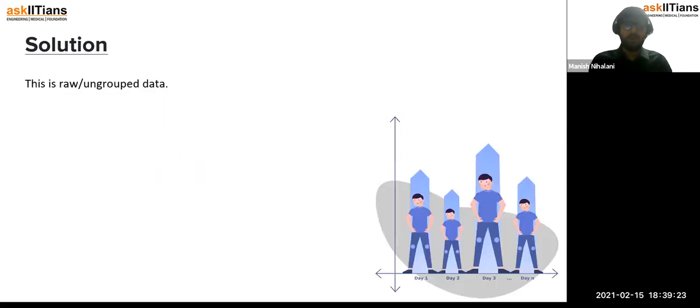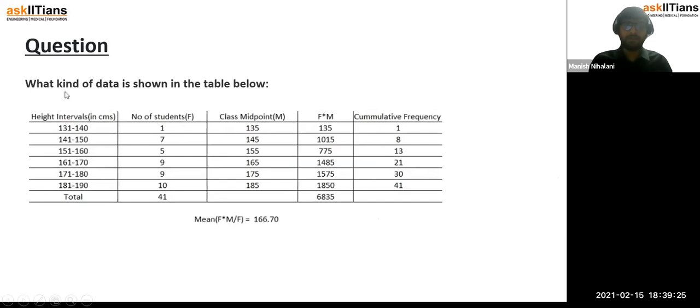Yes. Now let's analyze this. What kind of data do you all think this is? Here the heights now are in the intervals 131 to 140, 141 to 150 and so on. So they are in intervals of 10 centimeters, which means in 131 to 140 there was just one student, in 141 to 150 there were seven students, in 151 to 160 there were five students and so on.